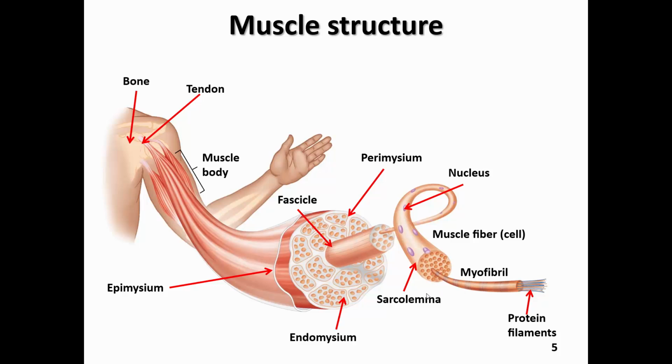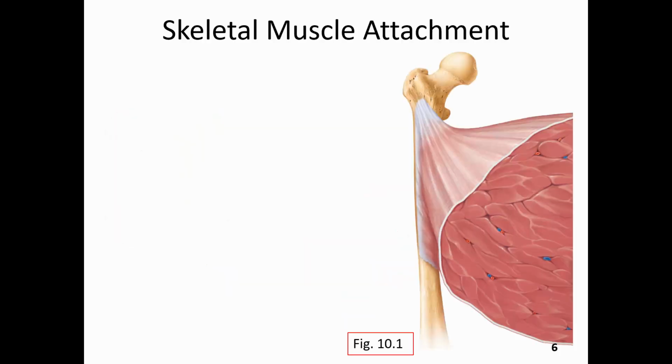The sarcolemma is the cell membrane of the muscle cell. This is the part of the muscle cell that allows molecules and ions to come into the cell and out of the cell. So it's a semi-permeable selective membrane.